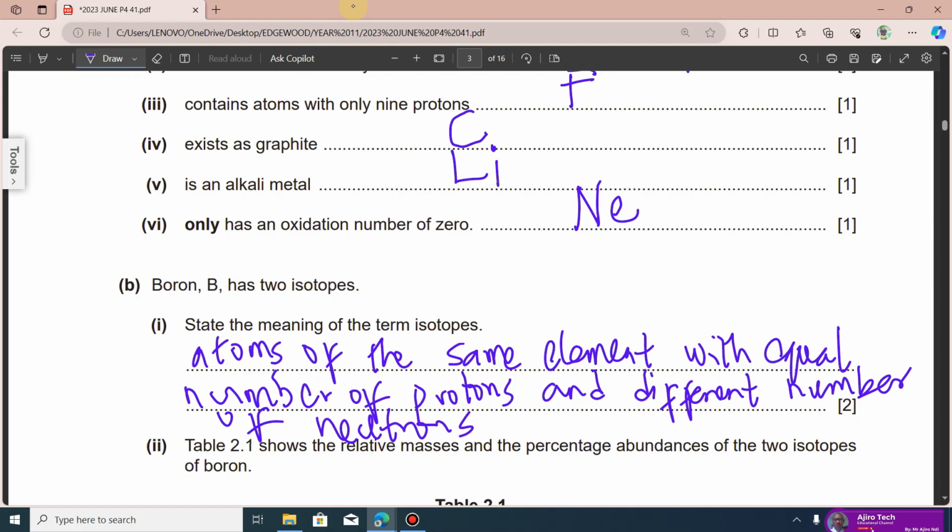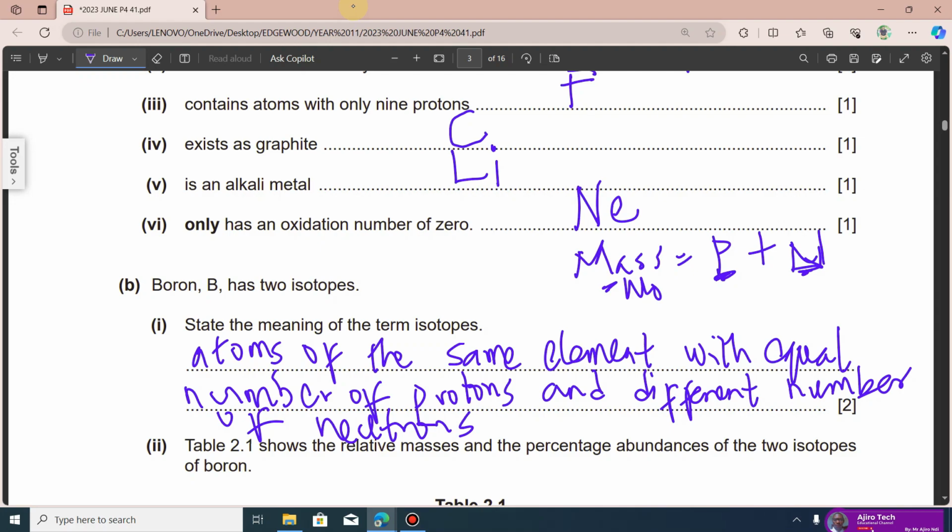number of protons, okay, but they have different mass numbers. So the differences in mass numbers is because they have different number of neutrons. Remember that the mass number is the number of protons plus neutrons. So when they have equal number of protons, what is responsible for the differences in mass number is the fact that the number of neutrons are different.